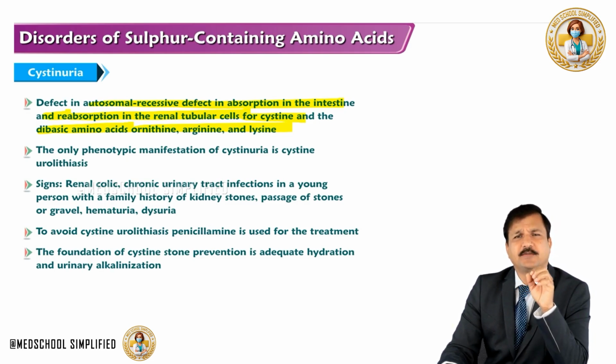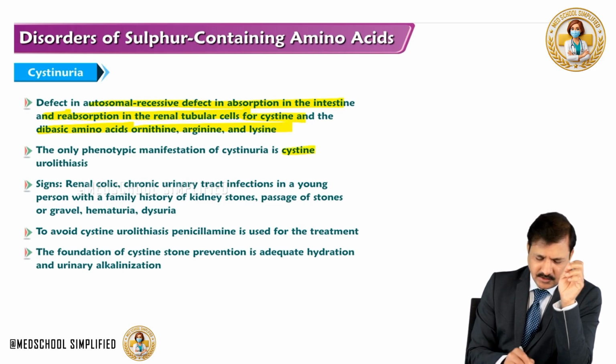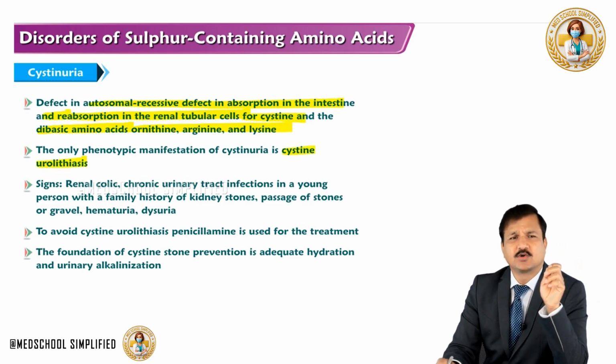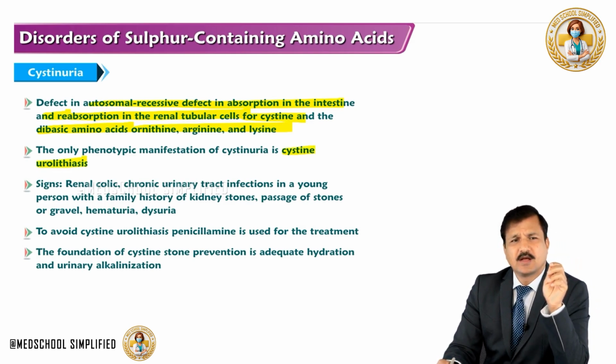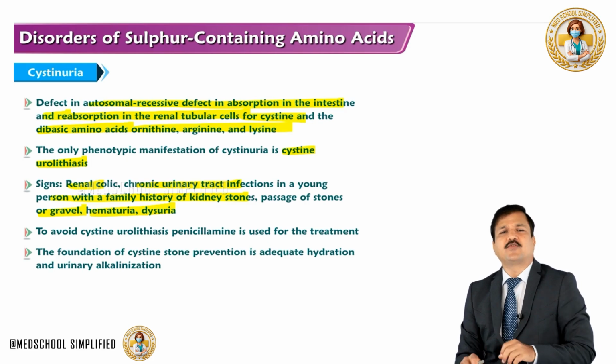The only phenotypic manifestation that you see in cystinuria is cystine urolithiasis, that is, cystine stones. Signs include renal colic, chronic urinary tract infection, positive family history, passage of stones or gravel in the urine, hematuria, and painful urination.